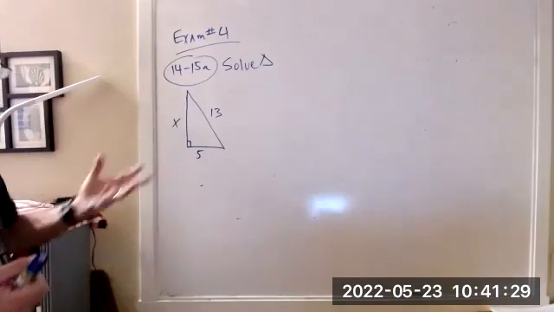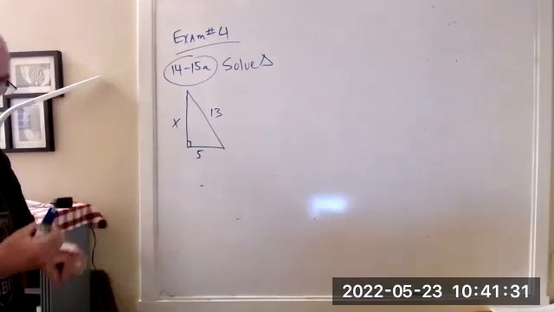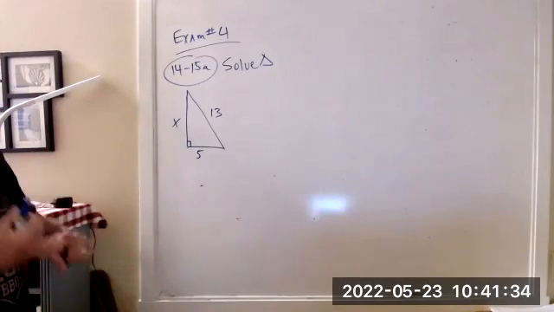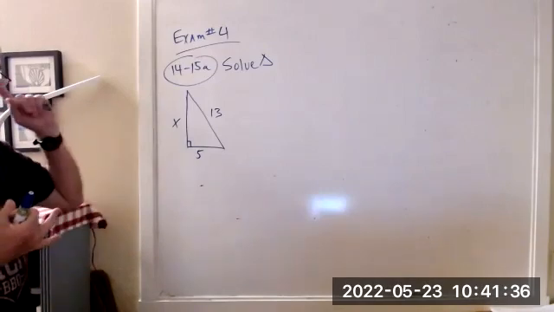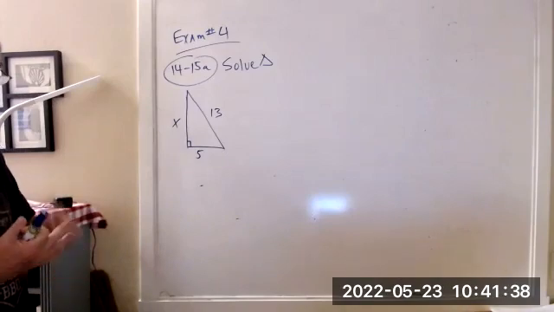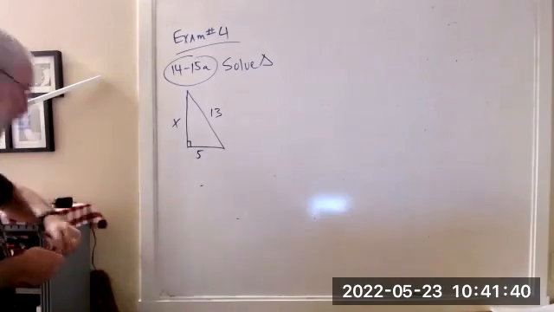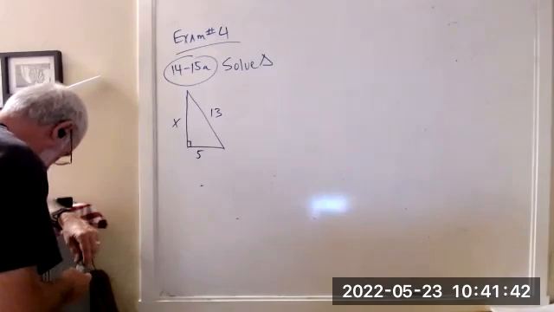I got formulas of the yin yang. I got Sohcahtoa. I got 30, 60, 90 triangles. I've got Pythagoras. Which one do I use and why? Pythagoras, because it's the sides.